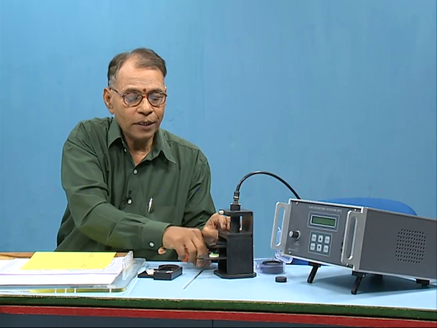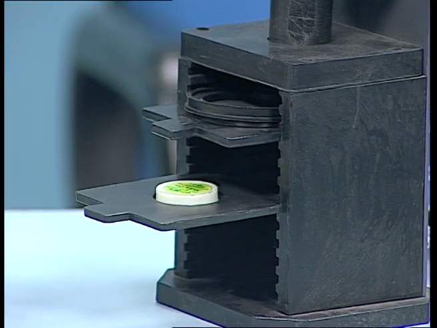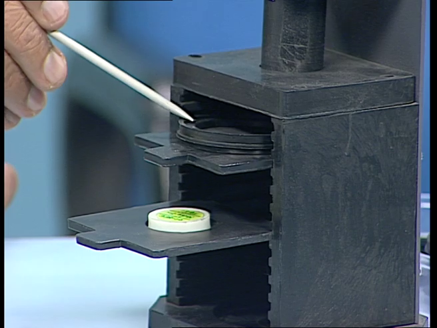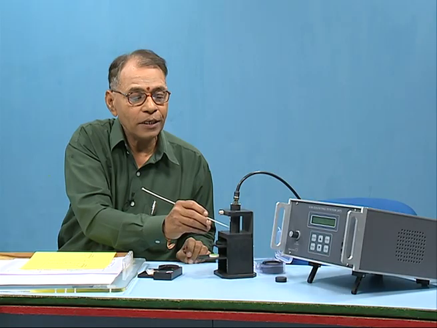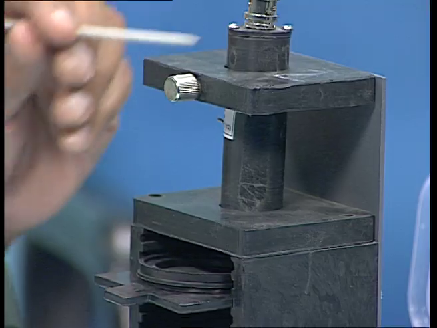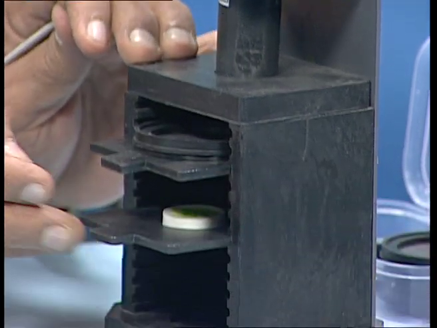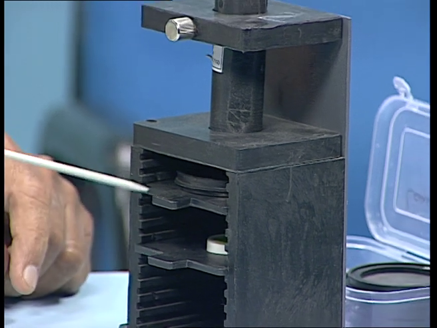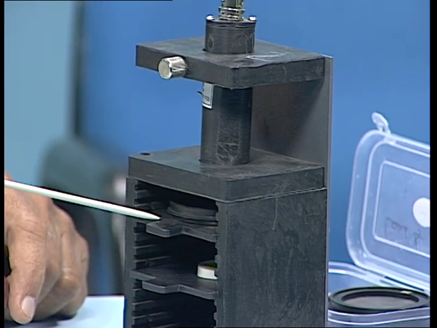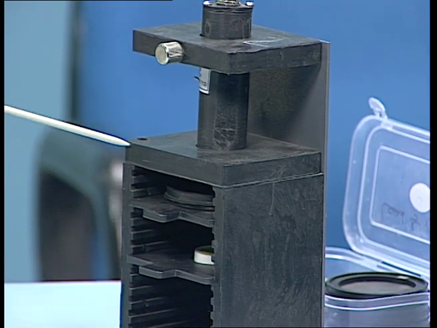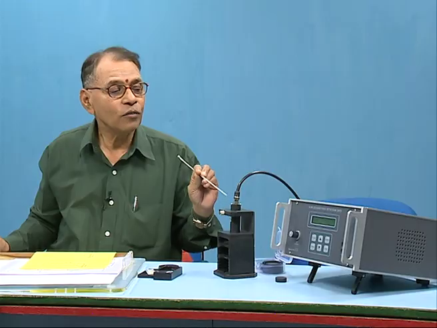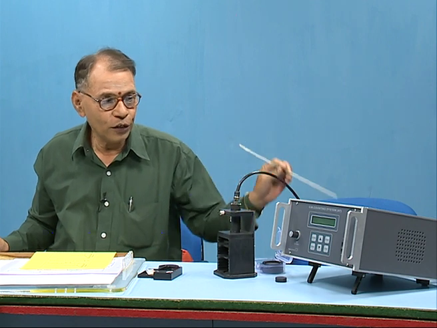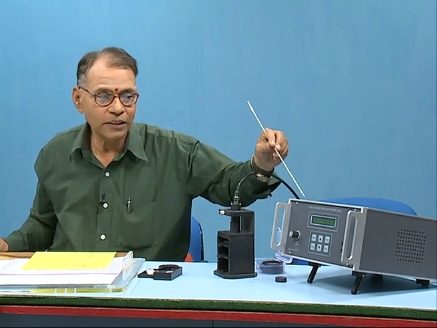Gamma rays go from this source through the lead sheet into a GM counter. If they are pushed inside, the gamma rays now will go through the lead sheets into the GM counter. The GM counter is connected with the help of a cable to the counting system.